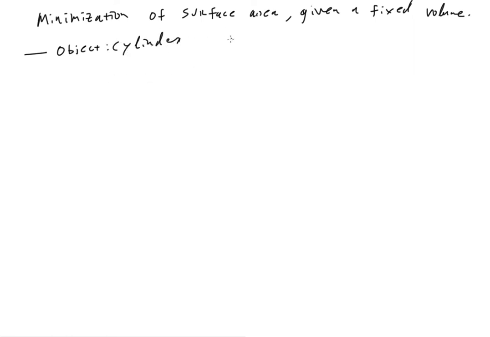So in this case, we're going to say it's going to have a fixed volume, V equal to 1 liter. Okay? All right, so what we want to find now is, of course, we're going to minimize the area. So this is going to be our objective function. So V now is our constraint equation.